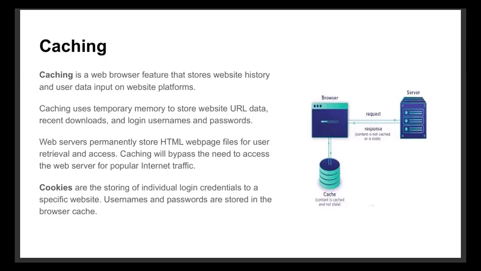Your web server computers will be the location where we permanently store our HTML web page files. The cache is going to be where we can access temporary web files to allow us to quickly access the locations and websites that we frequently visit. By using our cache and our temporary memory, it works similar to RAM memory within our computer.